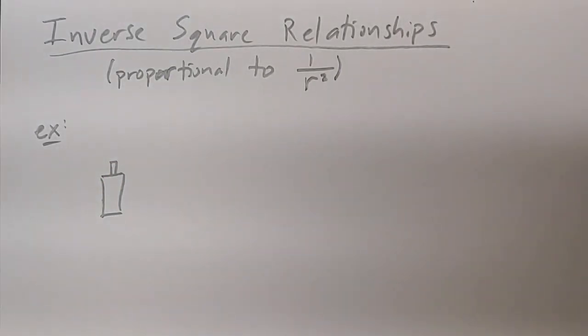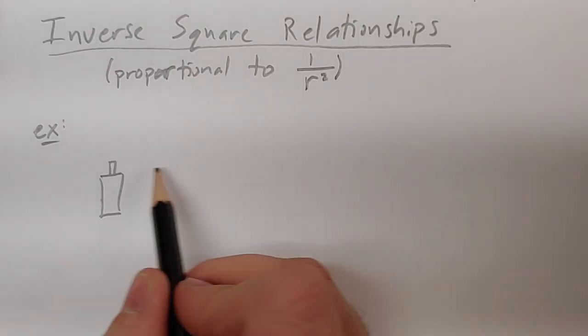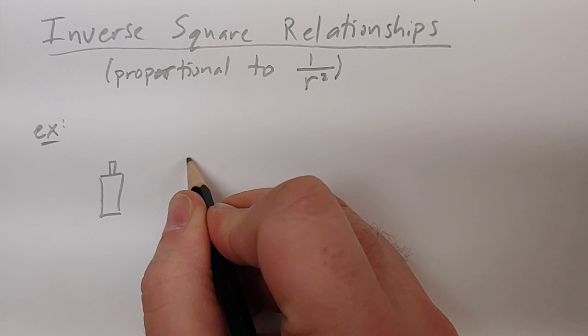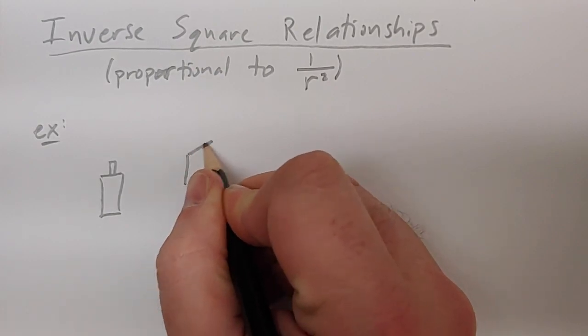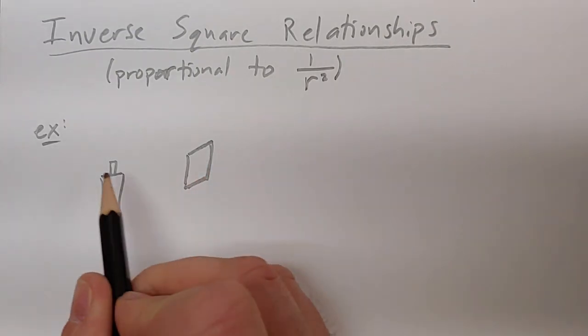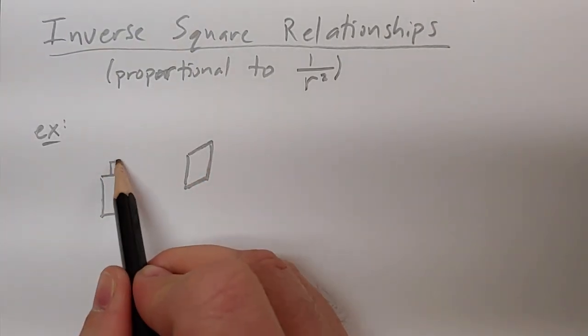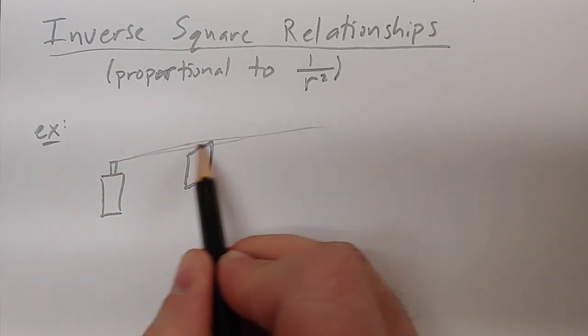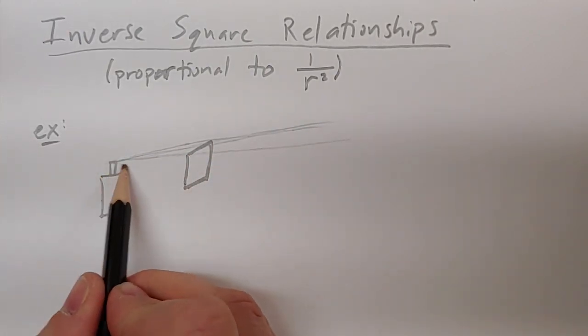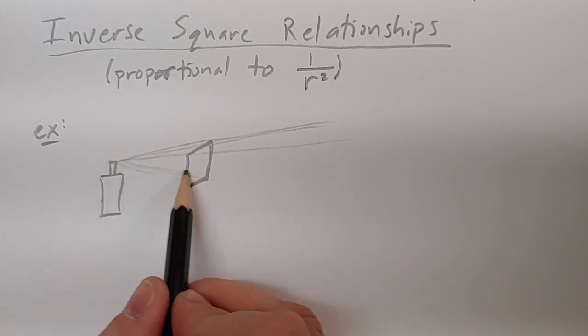So we've got our spray paint here, and we're going to spray this at one screen that is somewhat closer. We could spray the paint, and that would hit our screen here, and the paint should be able to cover up that entire screen.